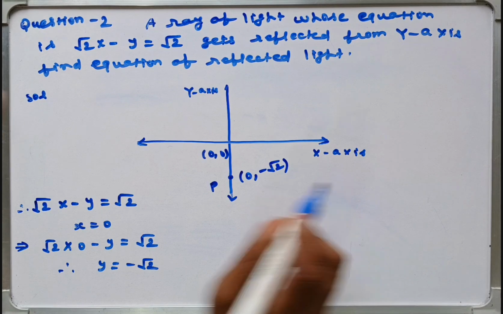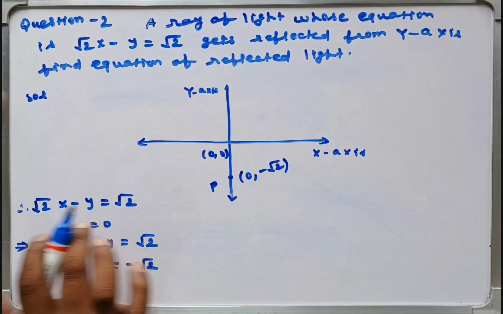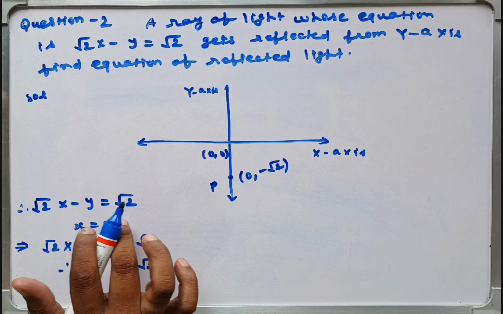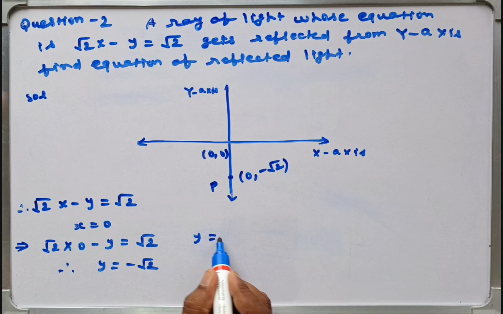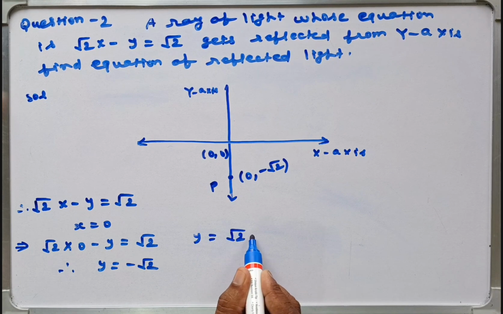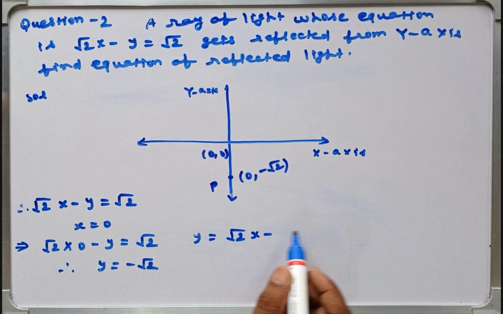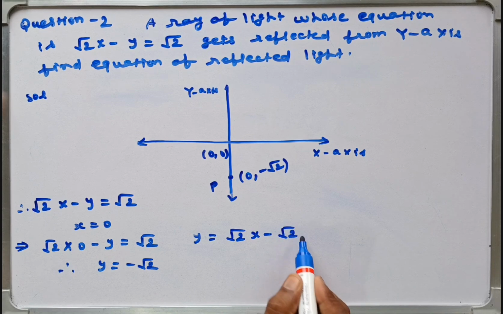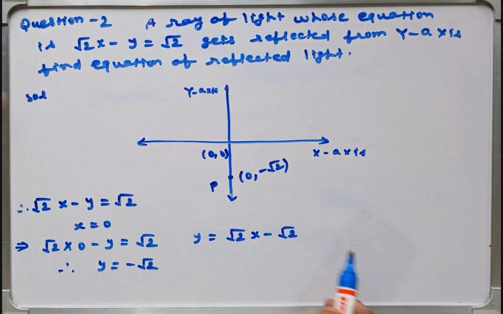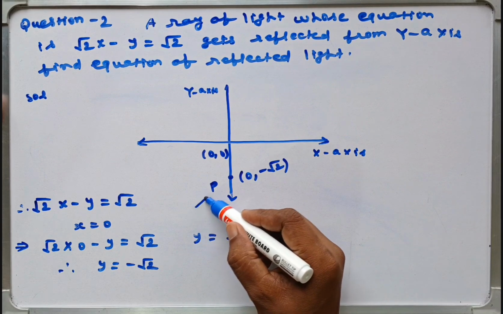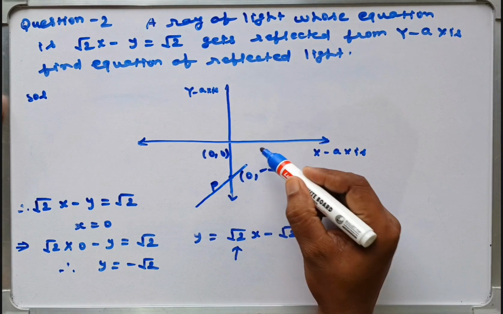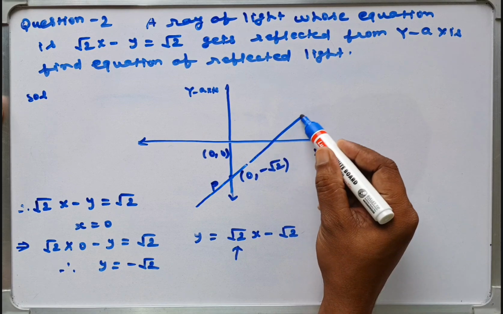If you find out the slope of this line, y equal to root 2 x minus root 2. Then you see this root 2 is positive, so the line must pass like this.